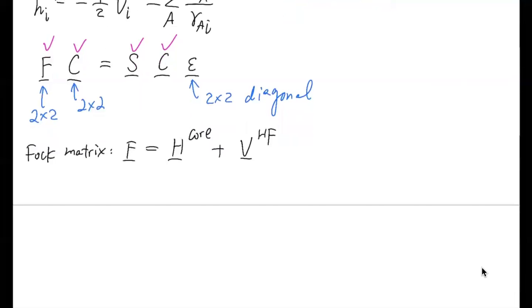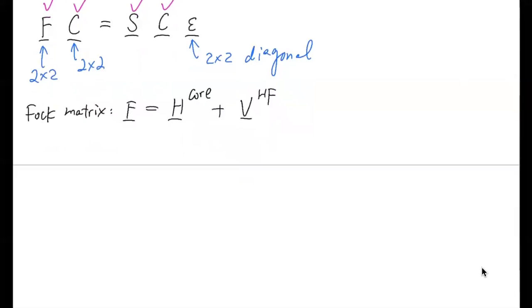So since this epsilon matrix is 2 by 2 diagonal, this matrix form FC is equal to SC epsilon can also be written as two matrix equations. FC1 is equal to epsilon 1 SC1. FC2 is equal to epsilon 2 SC2.